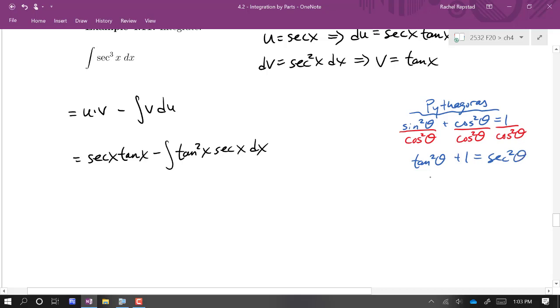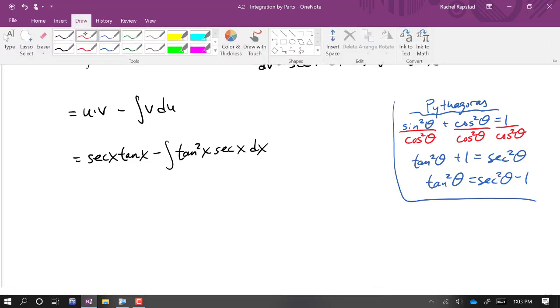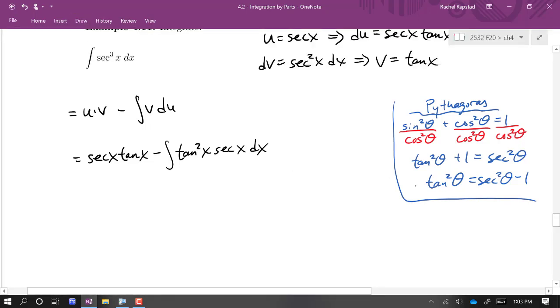And that means that tan squared is equal to secant squared minus 1. Alright, so we're going to use this identity here and make a substitution right there.